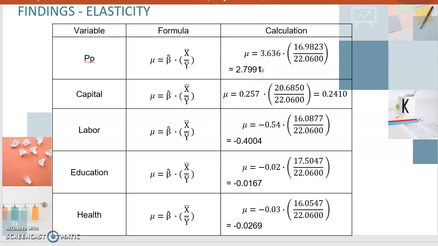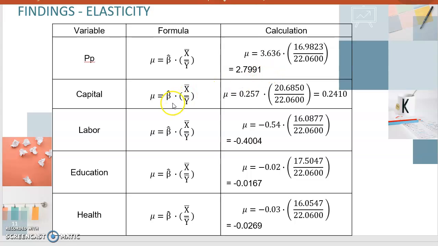It means that when population increases, the real GDP will increase too. By looking at these figures, we know that every 3.636% increase in population will increase 2.7991% of real GDP in Malaysia.